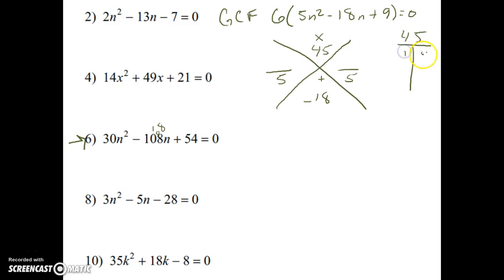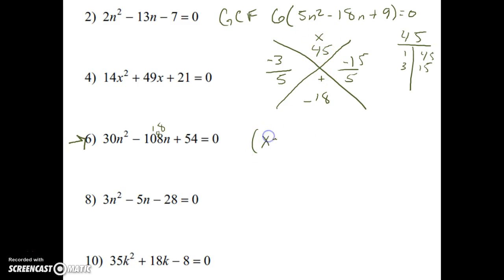I've got 1 and 45. 2 doesn't go in. 3 and 15. Oh, hey, look, that's 18 right there. 3 plus 15 is 18. So I can place a 3 here. It needs to be negative. I can place a 15 here. It also needs to be negative. Negative 3 plus negative 15 is negative 18. If I multiply the two negatives, I get a positive 45. So that works. I can write my factors.